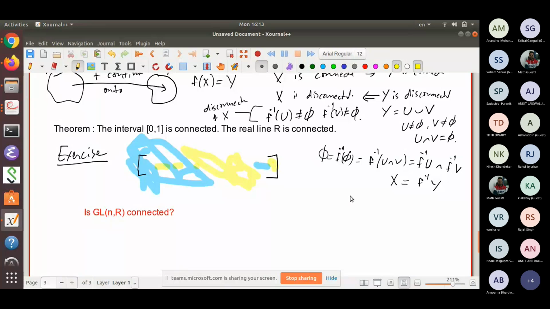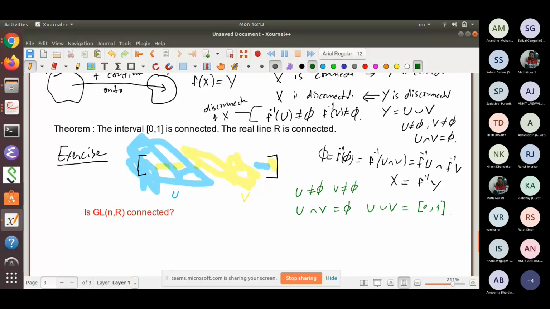So suppose the blue set is U and the yellow set is V. And now I'm going to assume that U is not equal to empty, V is not equal to empty, U intersection V is equal to empty, and U union V is equal to [0,1].